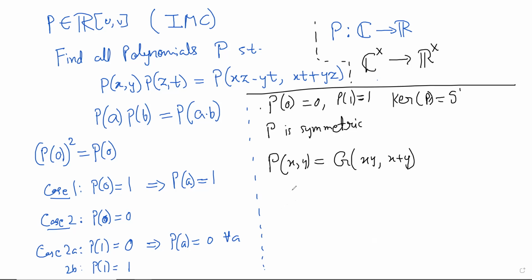So norm meaning x comma y, x plus iy going to x square plus y square. That polynomial satisfies this identity.